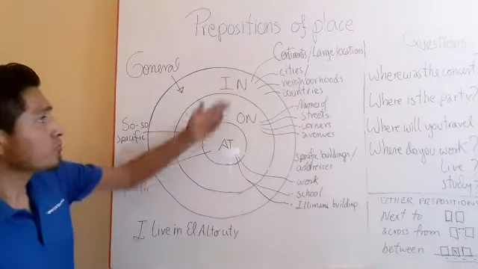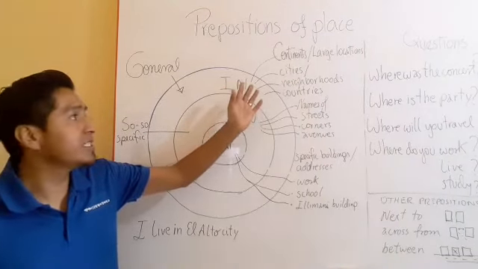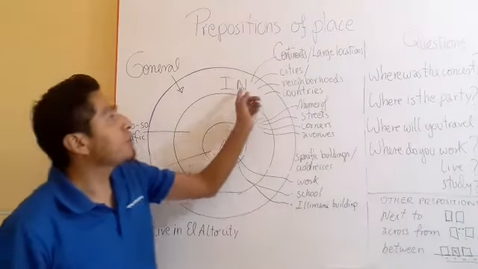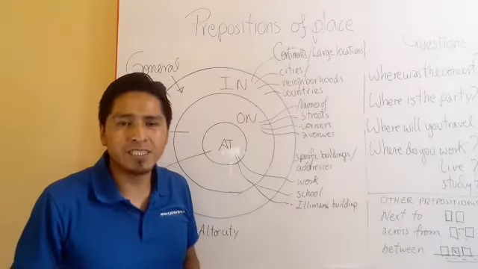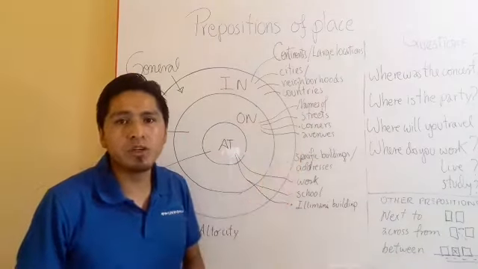Now, this is a little bit different from the time, but it has some similarities. For example, we use in when we talk about continents and large locations. Continents, for example, Asia. Large locations, Europe.